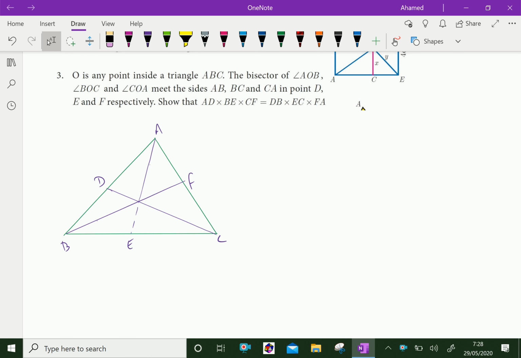In triangle AOB, this is the point of intersection O over here.